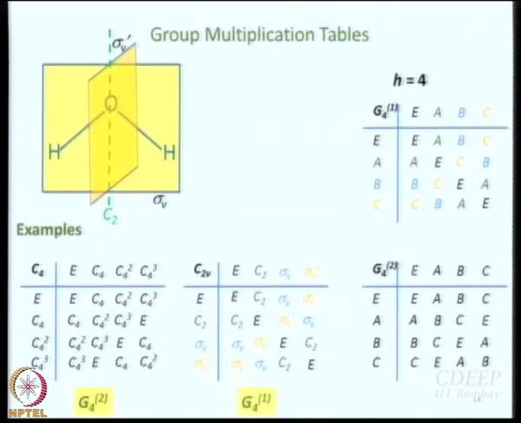Right? So this is an example of G41, C2V, and C4 is an example of the cyclic group G42. Okay? So math and chemistry are going hand in hand so far. No conflict so far. Good. Let's move ahead.